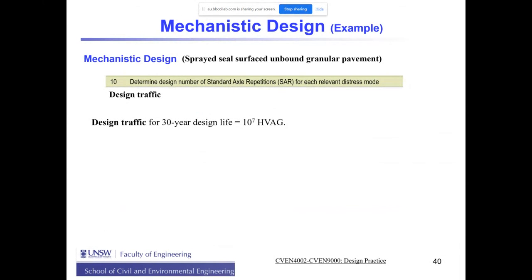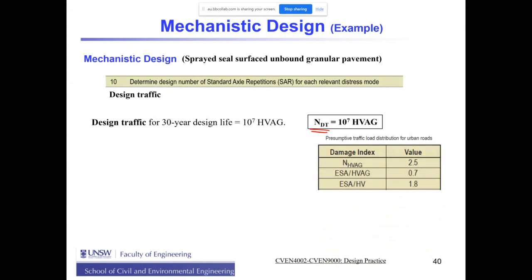We already know the terms. We know what is the design traffic. It is 10 to the power 7 heavy vehicle axle group. So NDT is 10 to the power 7 heavy vehicle axle group. We need to multiply this one with the damage index. You remember that when we wanted to determine the design traffic? What is the damage index here? From the presumptive value, it is 0.7.